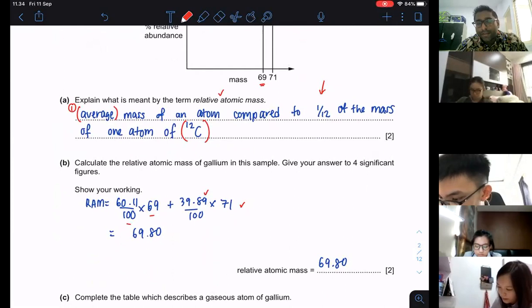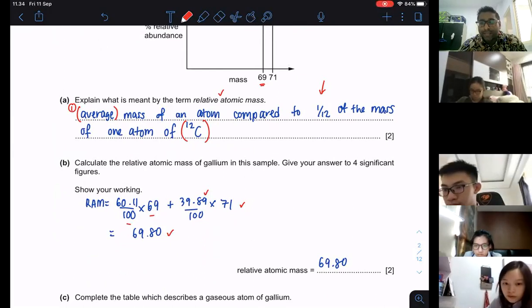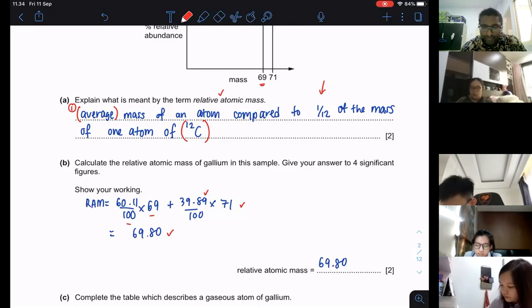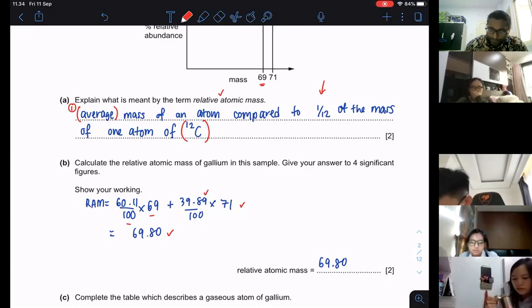When you calculate, just use your calculator, you will get 69.80. We want the answer in 3 significant figures. If you give 69.8, it should be okay. If you want to give more, it's also okay. 69.80 will be the answer.